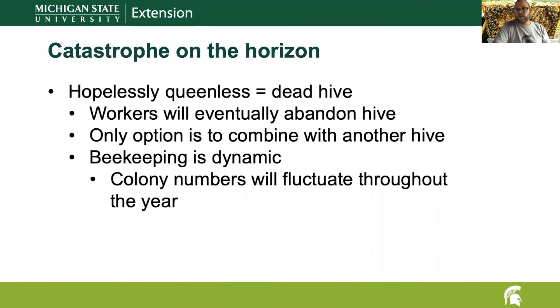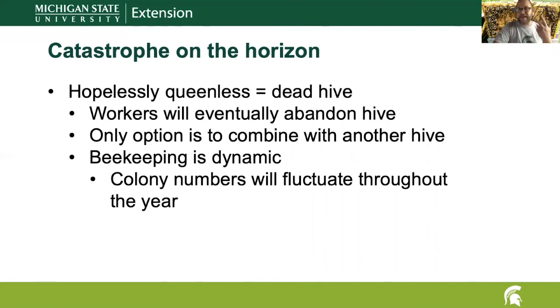Now, the reason we say it's hopelessly queenless, and that's a very intentional term, is because there is no way to recover from this and make this a queen-right colony. You can buy queens all day long. Mated queens, you could buy cells, you could buy virgin queens. It does not matter.